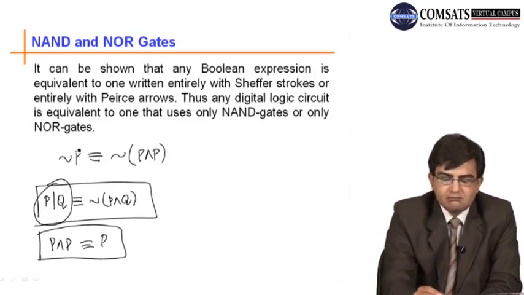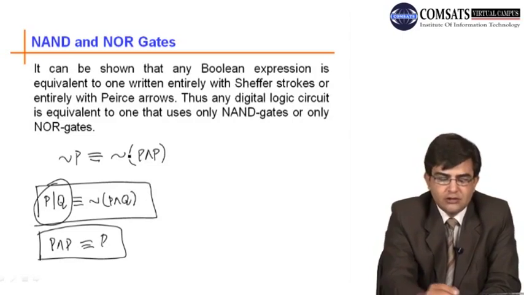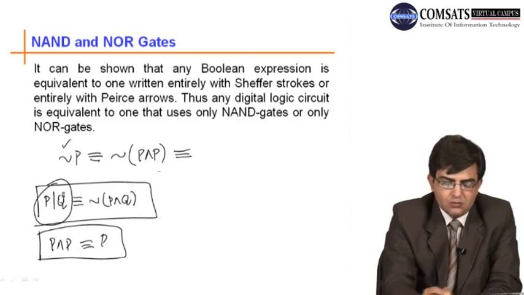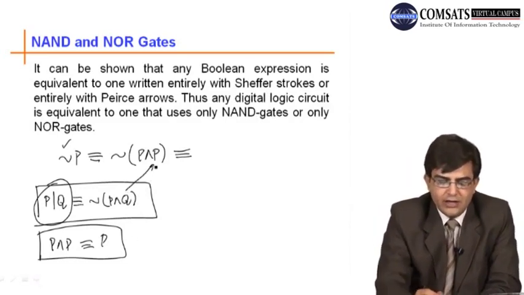So we can write P as P and P, and the not is already here. Now instead of Q we have P here.